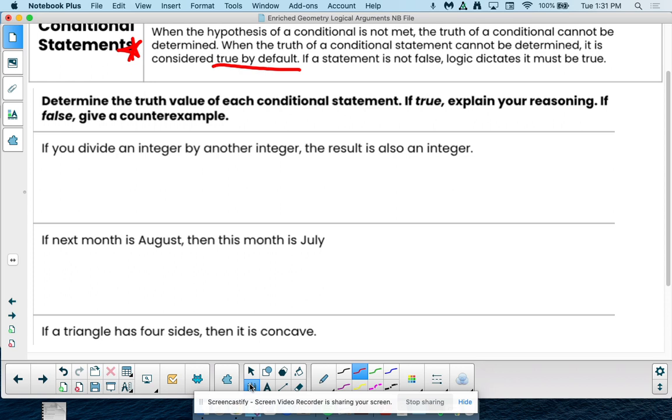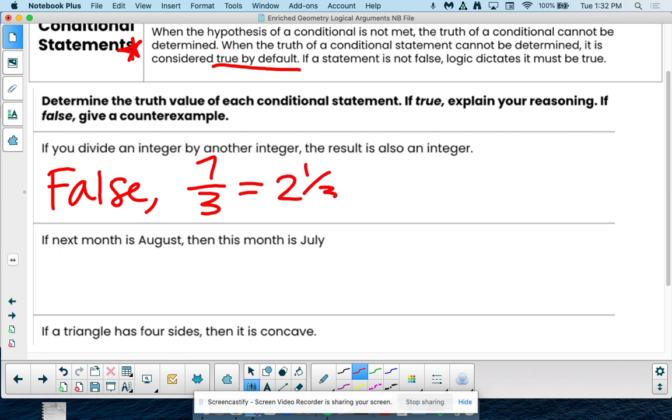So if you divide a whole number by another whole number, does it always give you a whole number? No, so we're going to say false. But because it's false, we have to give a counterexample. Give me an example. 7 divided by 3. Do we get a whole number? Nope. 2 1/3 is not a whole number. Perfect.